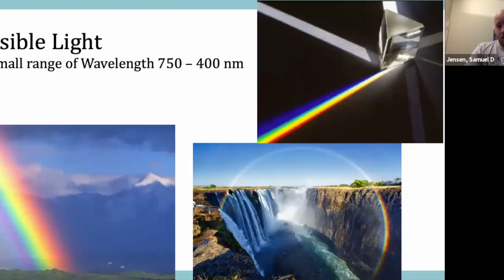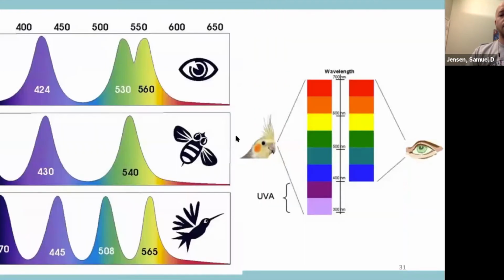Our eyes, so visible light, is important to us because this is part of how we see things. It's a relatively small wavelength. Our eyes are not particularly the best within the animal kingdom.